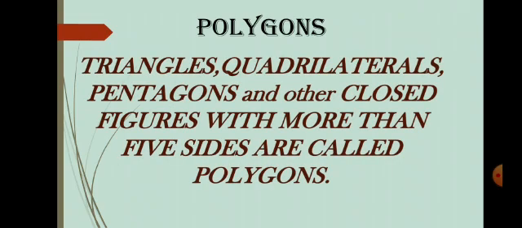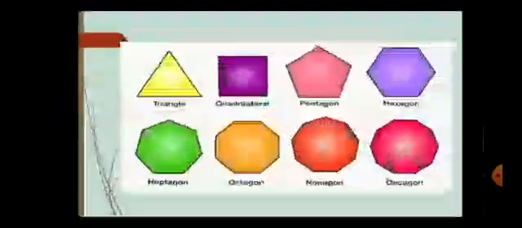Let's move further. Polygons. Now what is a polygon? Triangles, quadrilaterals, pentagons and other closed figures with more than 5 sides are called polygons. Triangles also come in the category of polygons. Now let's see other examples.